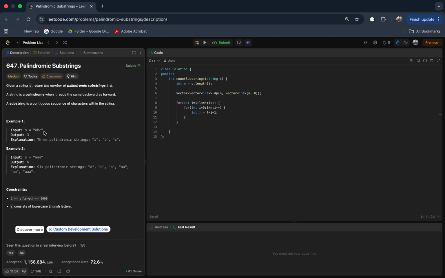Let me think a bit how I can compute my j. So j should be equal to whatever i value is there, i plus the length, whatever length is there, minus 1.